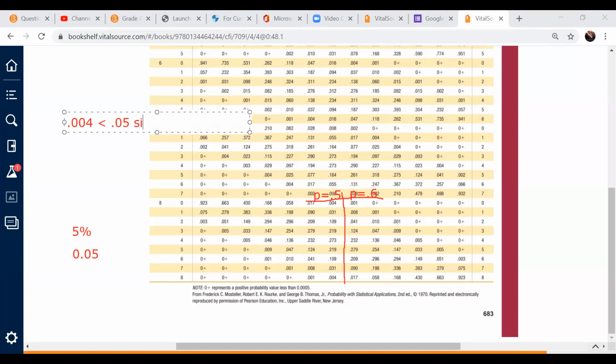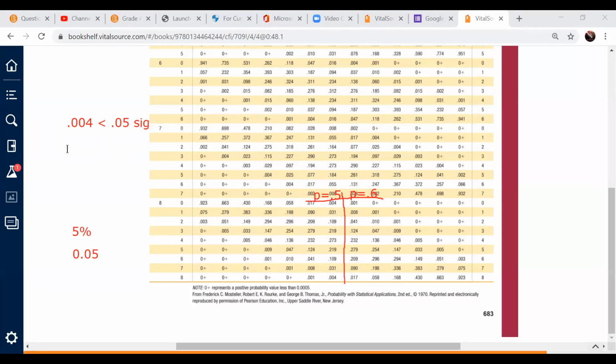So that is significant. So when we look on that chart, we definitely should pick 0. Having 8 children and getting 0 girls, that's significant. Let's look at the next one. The probability of getting 1 girl is 0.031.